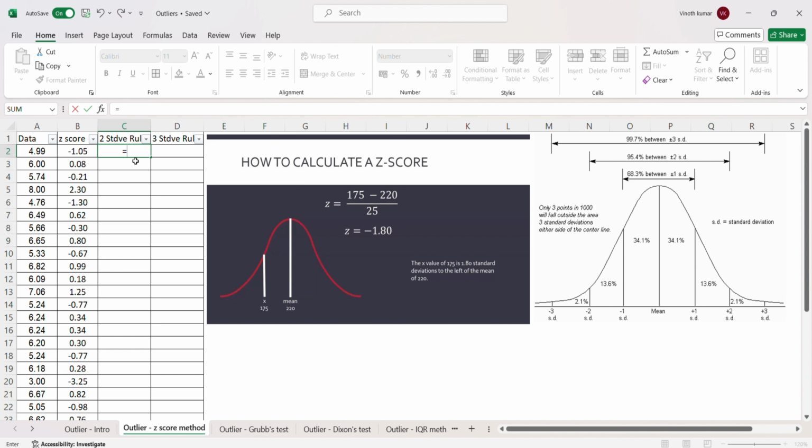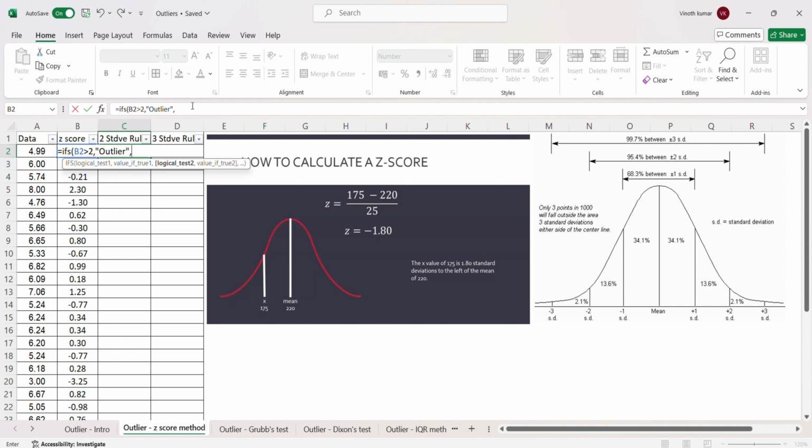I say is equal to, so let's use a formula which is IF, right? So the logical test, we can do multiple tests by using IFs. So I say this value is greater than 2, then call it as an outlier, comma.